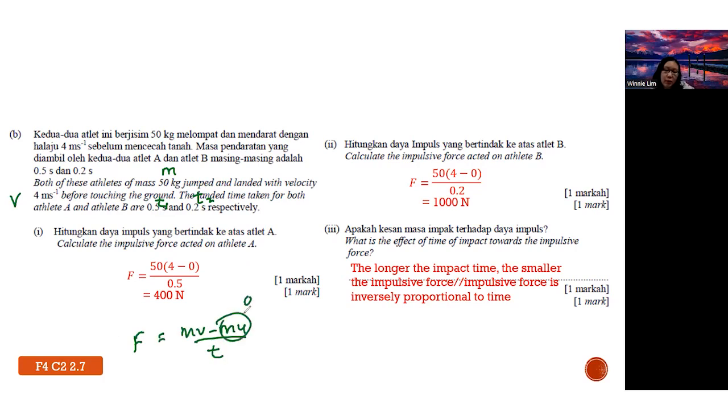So this part is totally 0 because initial velocity is 0. For the relationship idea, you can write like this: the longer the time, the smaller the force. Impulsive force is inversely proportional to time. So like I mentioned, surely B will have a greater force because the time is shorter compared to this one, where the time is longer.